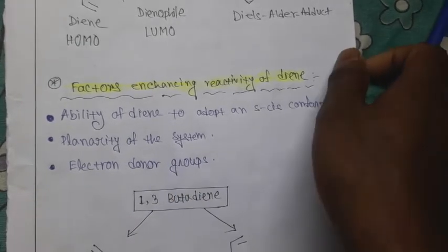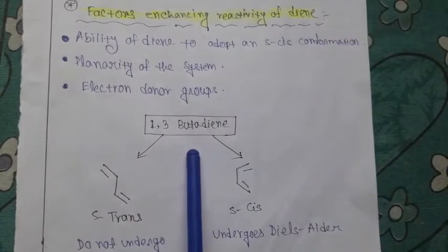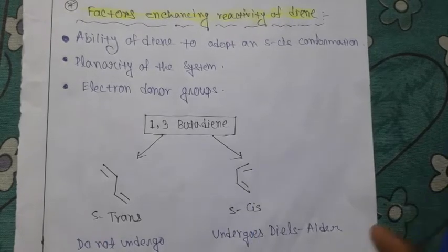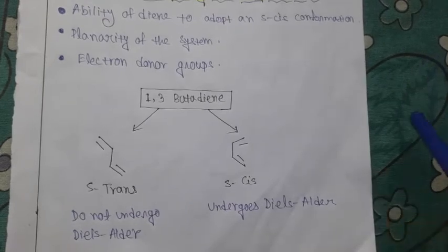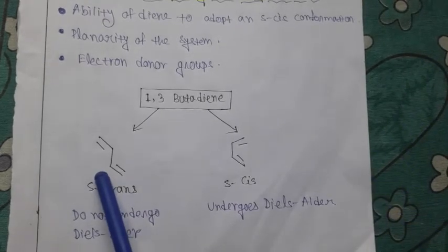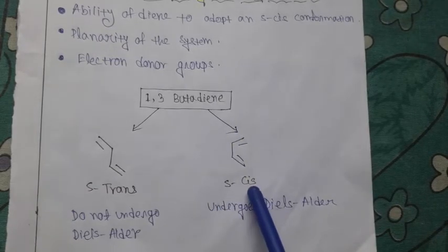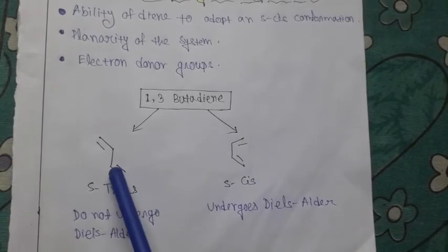Let's take the example of 1,3-butadiene. This is S-trans and this is S-cis. S-trans is more stable than S-cis because of less steric hindrance. S-cis undergoes Diels Alder reaction while S-trans does not.